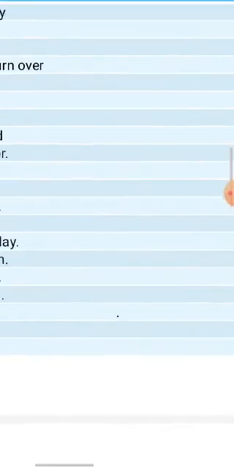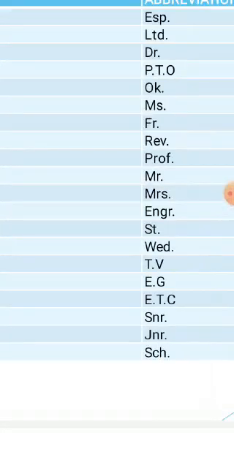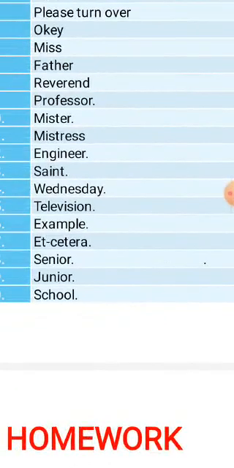The word Mr., which is used for men who are adults, is shortened as MR. Mr. John, Mr. Tobias.